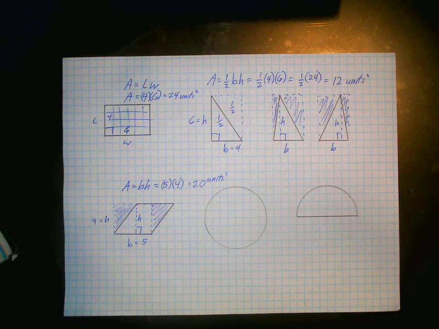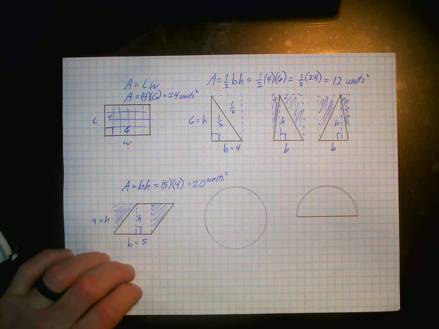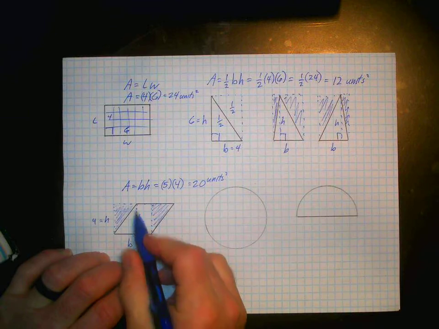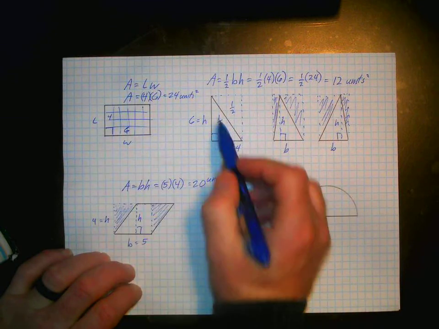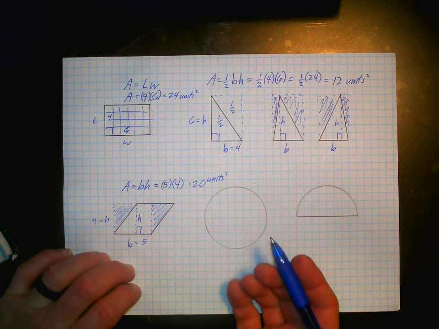Now, if we're looking at a circle, circles are a little trickier because with all of these things, we're making a perpendicular relationship between the two things that we're going to multiply. Well, here we don't have anything that's perpendicular.